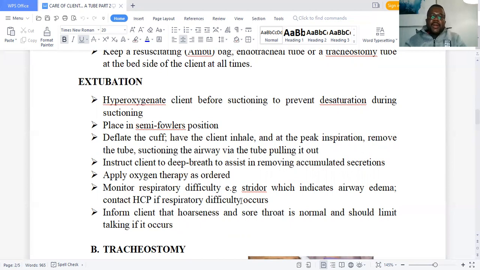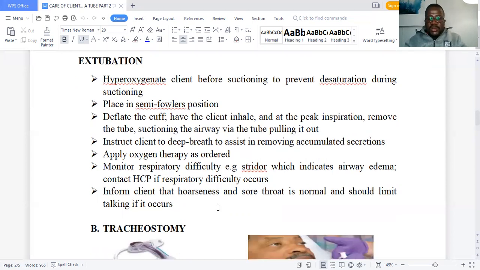Now, in the course of extubation, when the patient has respiratory difficulty, please notify the healthcare provider immediately, okay? Notify the healthcare provider immediately.